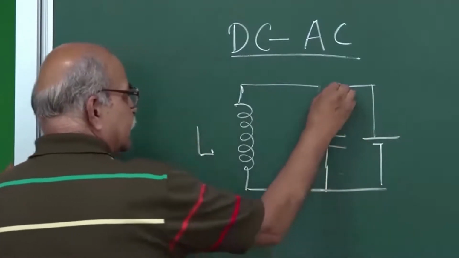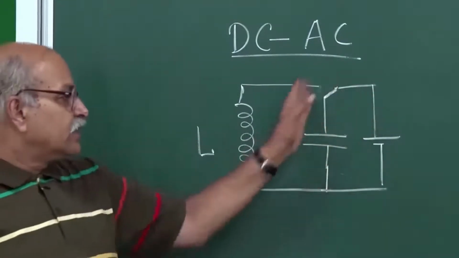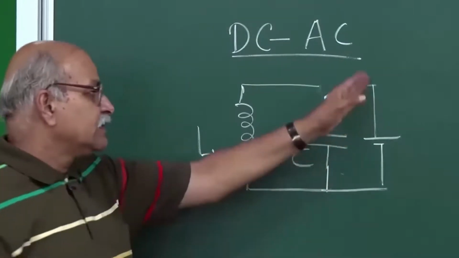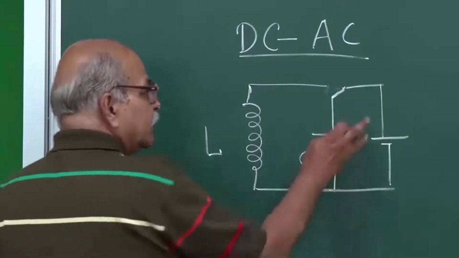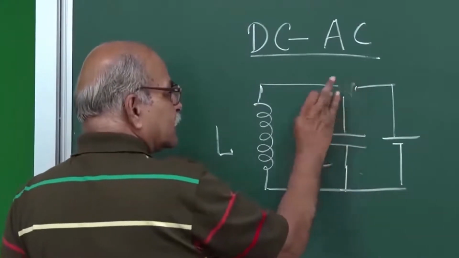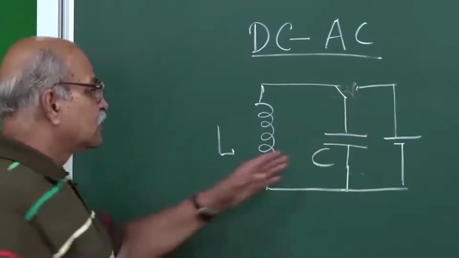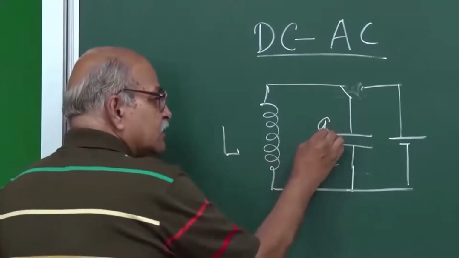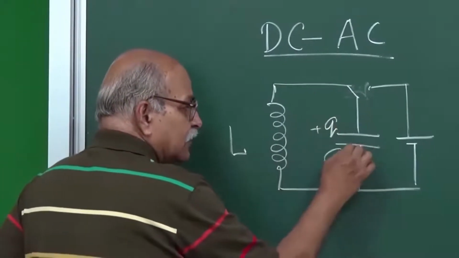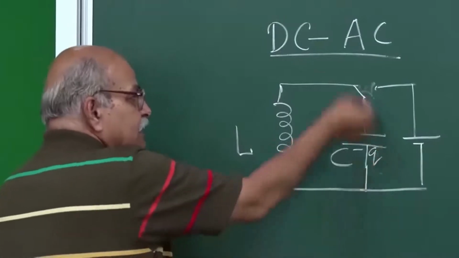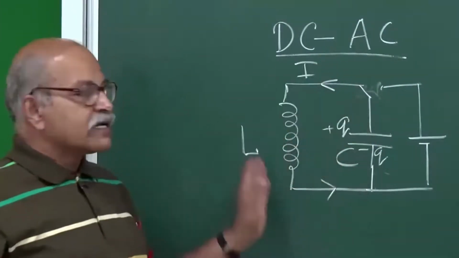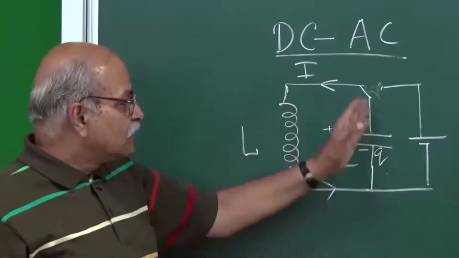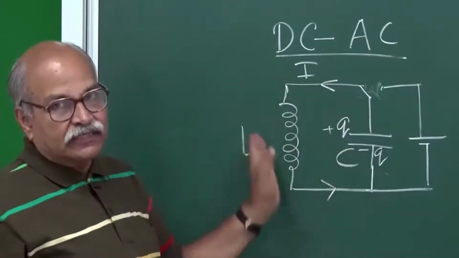If I join it here, the capacitor C is charged. Then if I remove the switch from here and connect it there, this charged capacitor, which already has a charge, plus Q here and minus Q there, will send a current through the inductor. So that is your LC circuit.